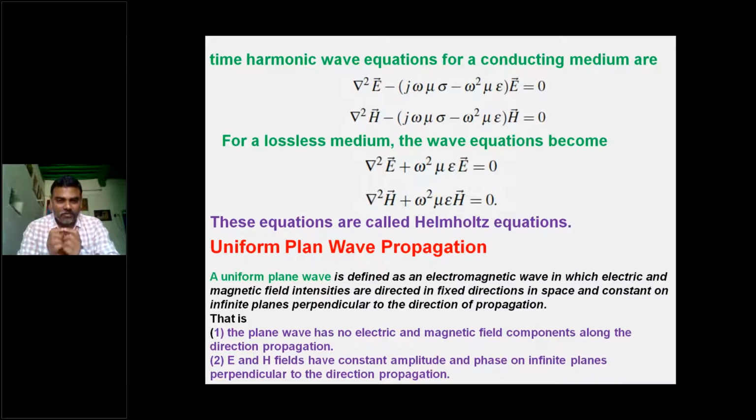Or simply, in the plane perpendicular to the direction of propagation, the characteristics of the electric and magnetic field should be constant. Whenever the EM wave satisfies all these conditions, we call it a uniform plane wave.